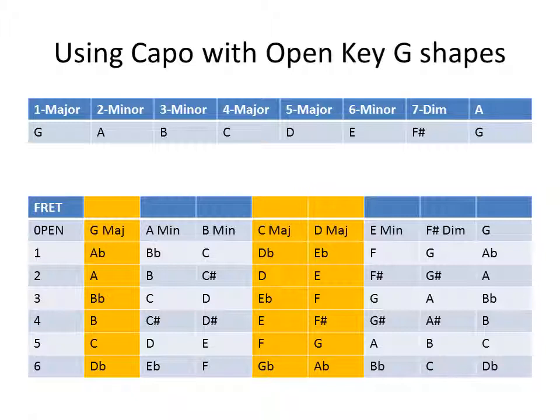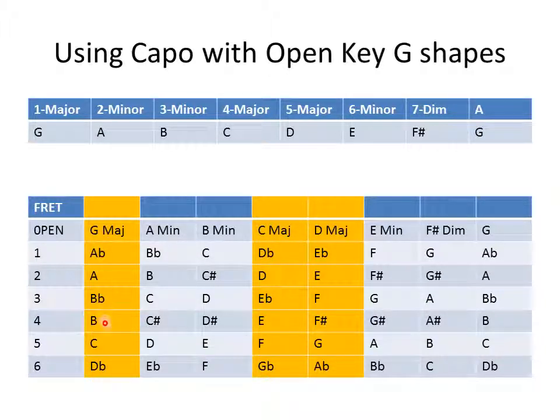Well, basically, you can do it one of 2 ways. You can use the chromatic scale and just walk your way up. Like if you throw your capo on 1 and you play a G, C, and D shape, you're not playing in the key of G anymore. Now you're playing in the key of A flat.